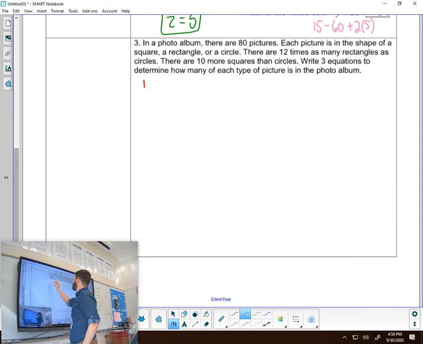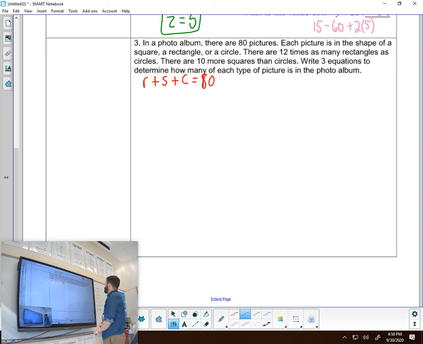So I'm going to say a rectangle plus a square plus a circle equals 80 pictures. All right, there are 12 times as many rectangles as circles. So that sounds like it's going to be 12R equals C, but it's actually the opposite.